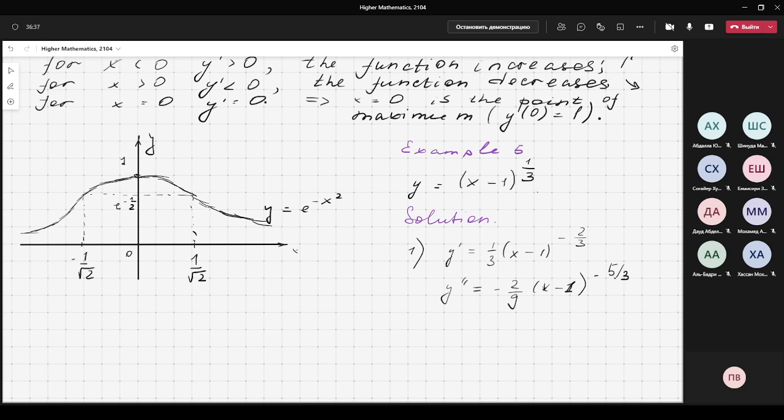The second derivative does not vanish anywhere. But at x equal to 1 it does not exist.